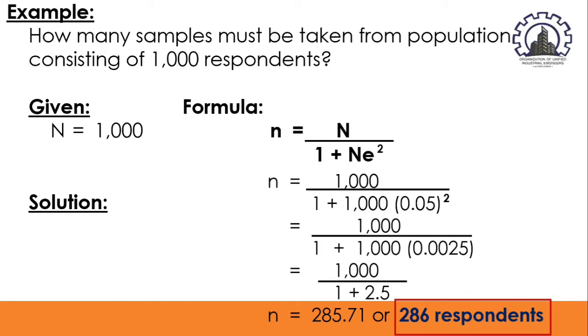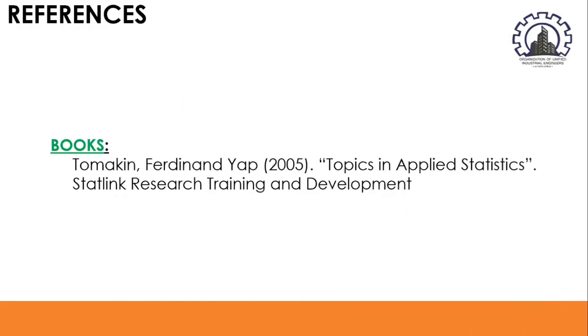Why should we not select 285? Because again, we are looking into the actual number of people, the actual number of respondents that we will be conducting research questionnaires to. So we will be rounding that up to the next whole number. So the total respondents that we will be conducting research questionnaires to would be a total of 286 respondents.